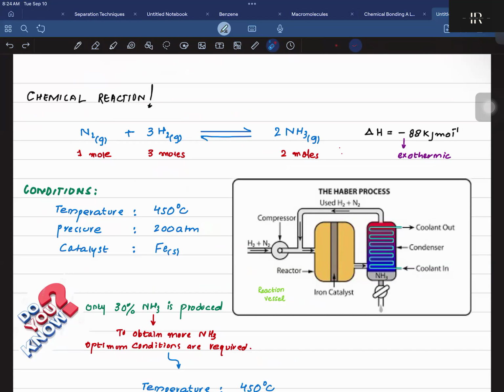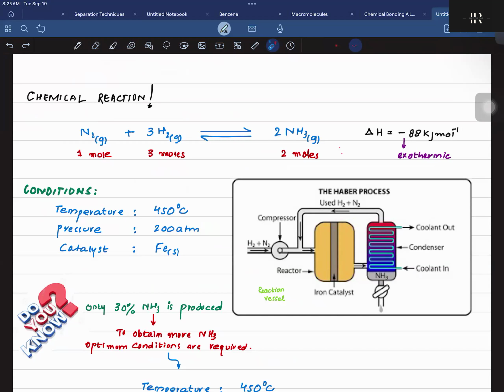The amount of product is going to increase. I would be getting the maximum yield after increasing the pressure.